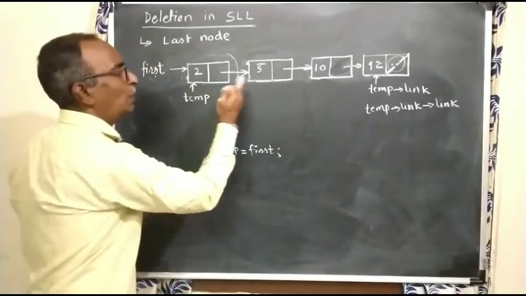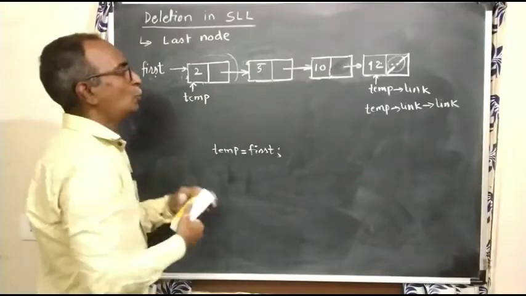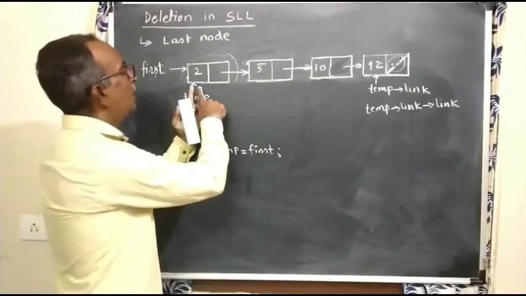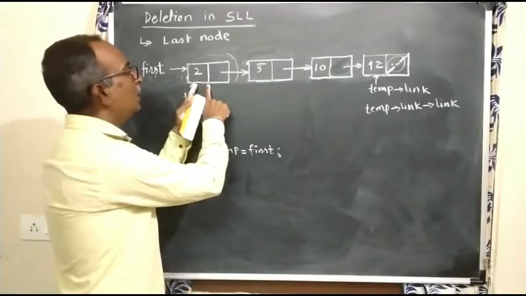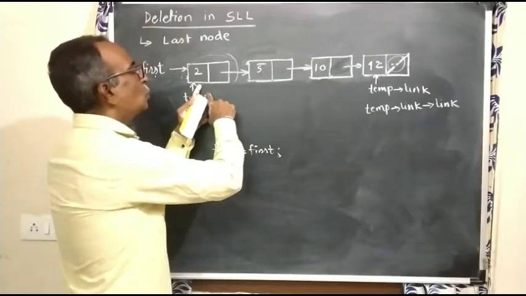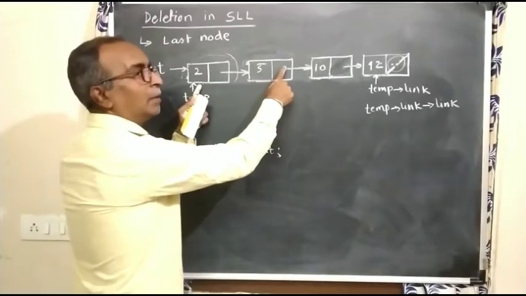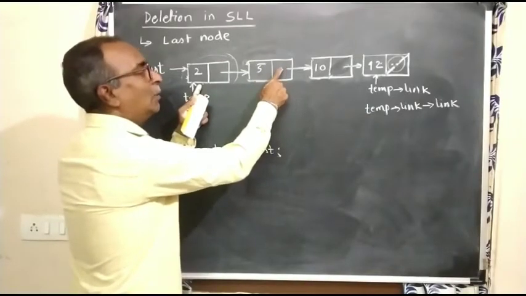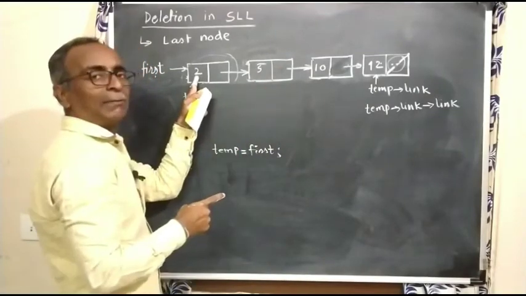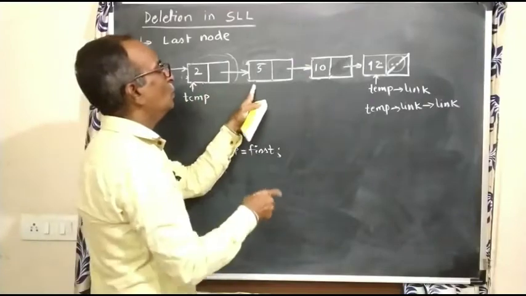Okay, I have to repeat something. When I want to stop at the last but one node, keeping temp here, you are checking this link field. So temp's link's link. If it is not null, this is not null now, means this is not the last but one node. So you have to move.